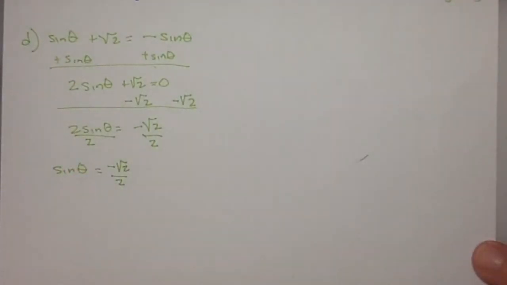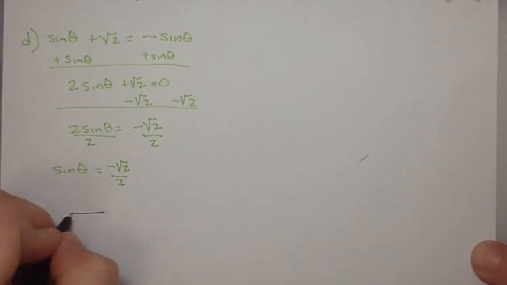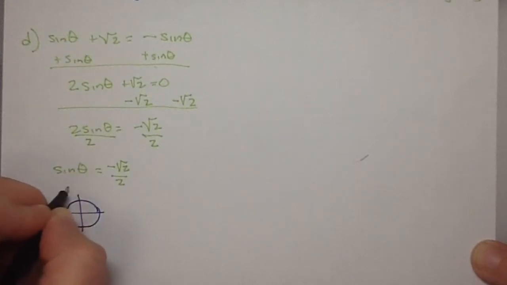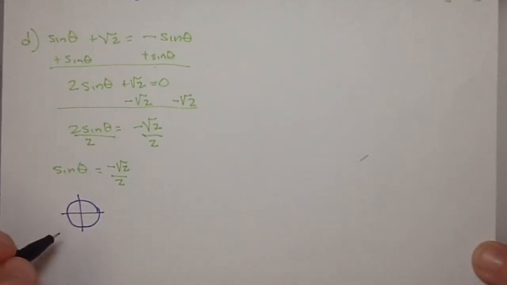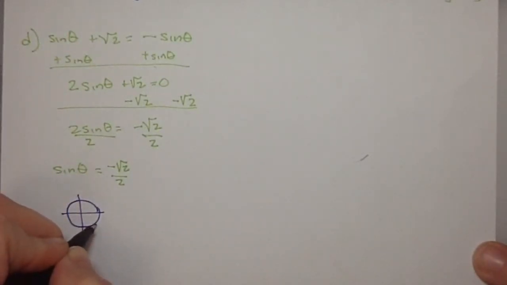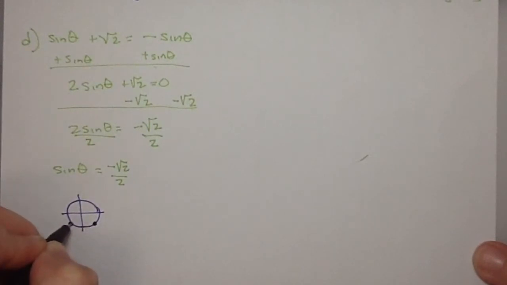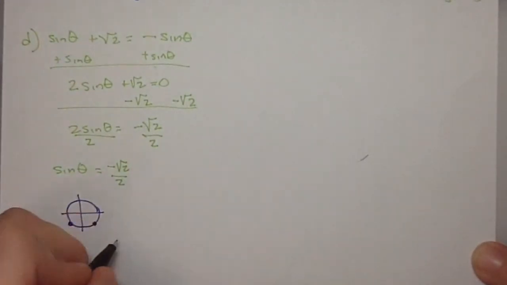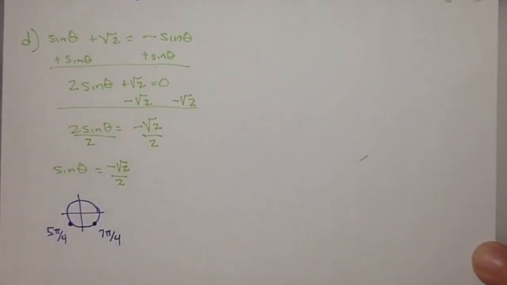As ever, we draw our unit circle and we say when is sine, which is y, equal to negative square root 2 over 2. So it's going to be here and here. So this is 5 pi over 4, and this is 7 pi over 4.